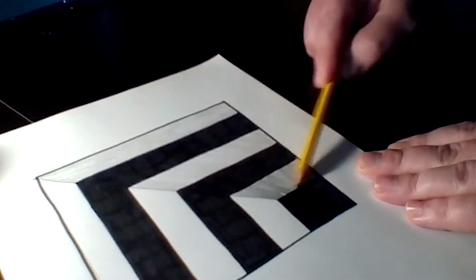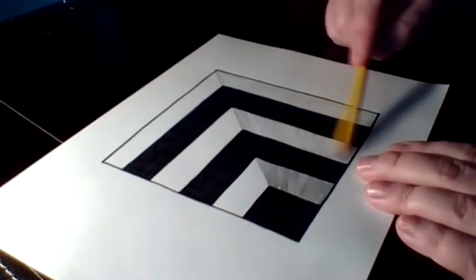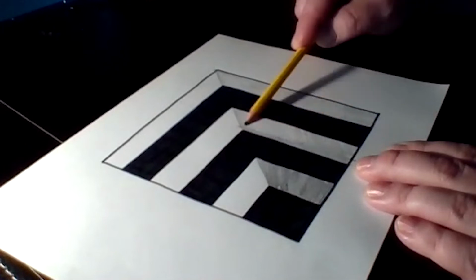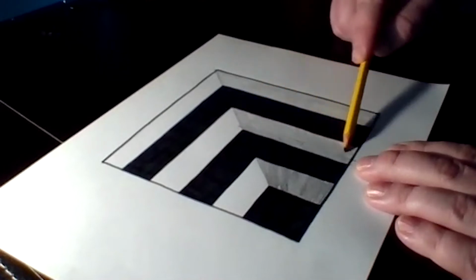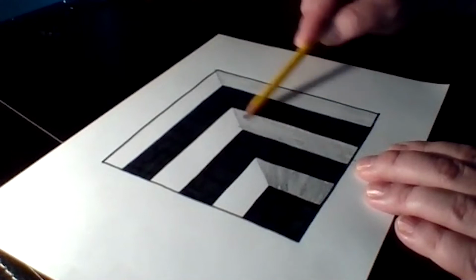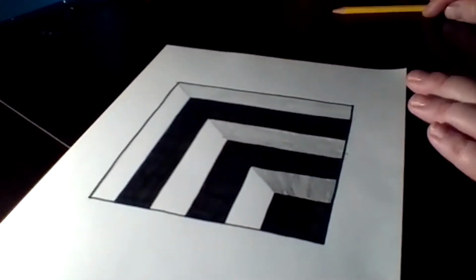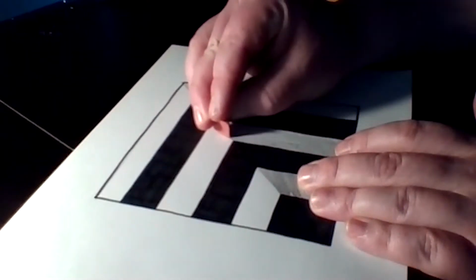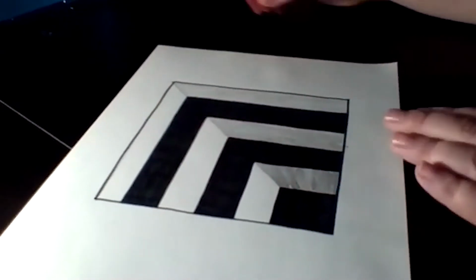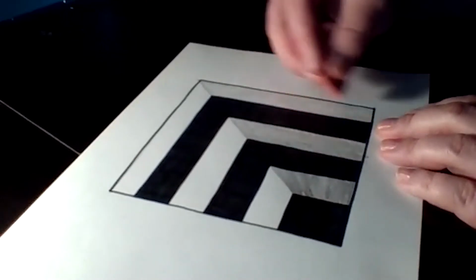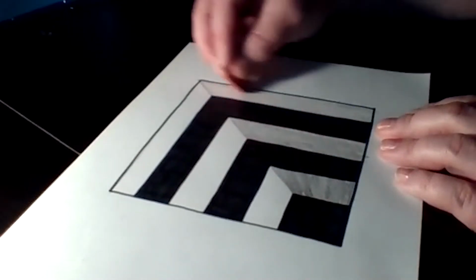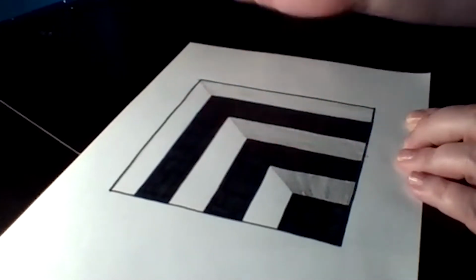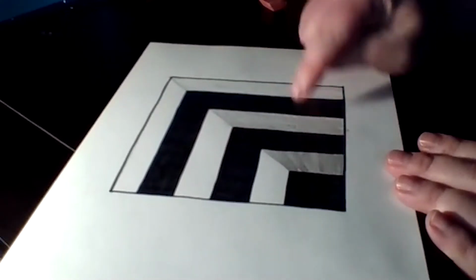And then it's getting a little bit lighter, but it's still kind of dark. I might actually lighten this up a little bit up here. Okay, so it should be dark, medium, and light.